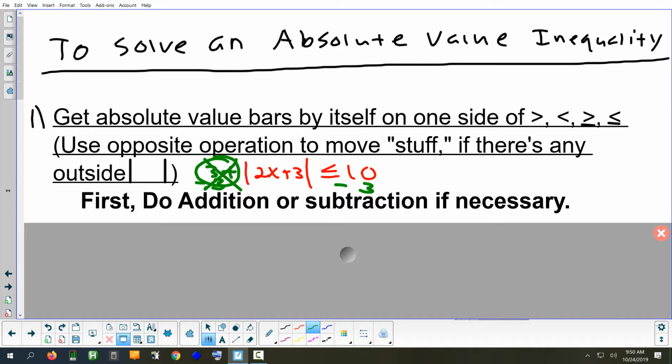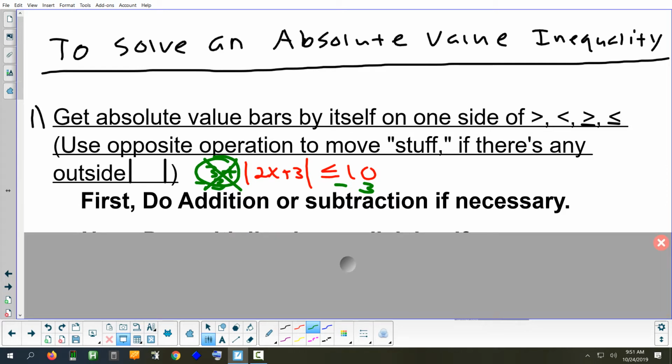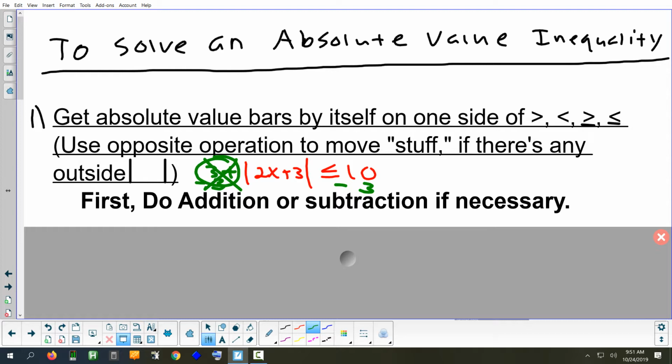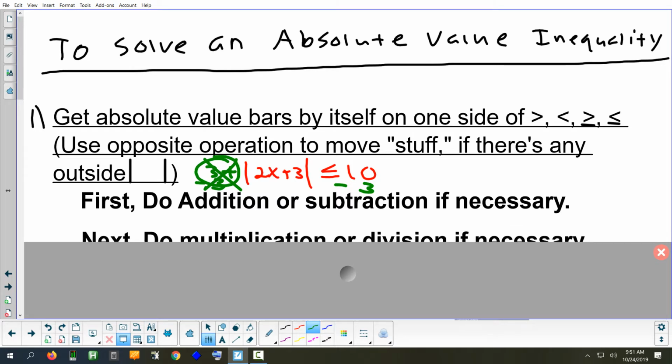Now look at the left-hand side. There's nothing left outside the bars. You can have stuff inside, that's fine. We don't care about that. We just don't want anything outside. So that's an example where you'd have to do addition or subtraction. I did a minus 3.